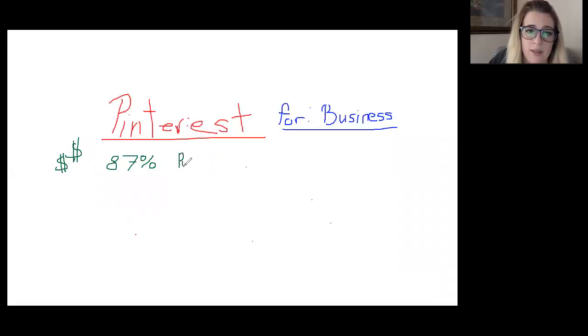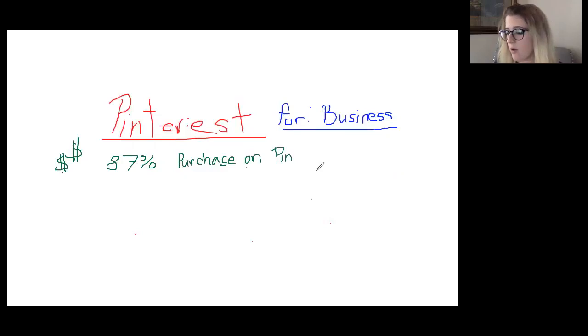So this means that these folks are on Pinterest, and they see something they like and make a purchase based on that pin, an image that they like, a product that they like, and they go and purchase it from a website that was linked to, or they go and make that purchase in person.